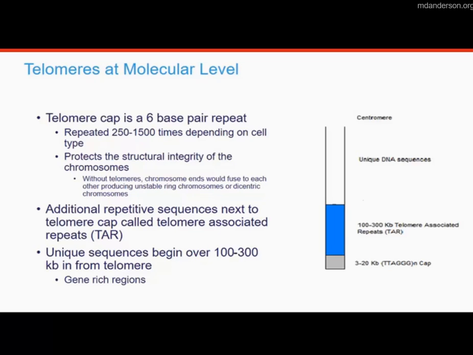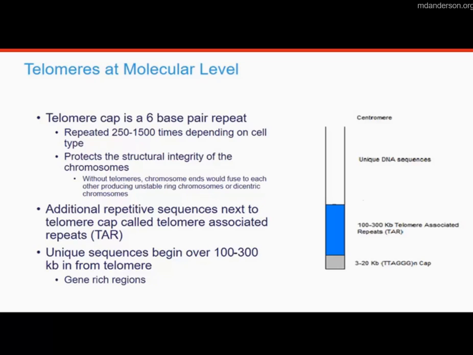The actual telomere itself is a 6 base pair cap. And this can be repeated 250 to 1,500 times, depending on the cell type. We also know that cancer cells have much longer telomeres. That helps them be immortal.